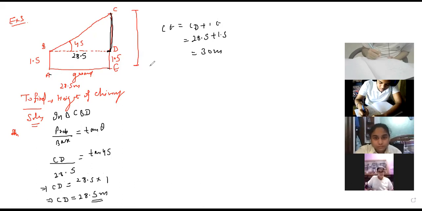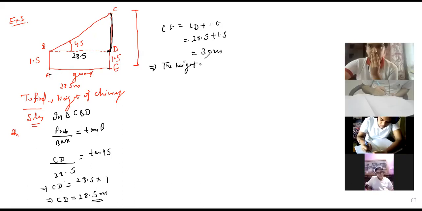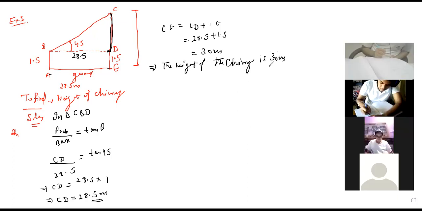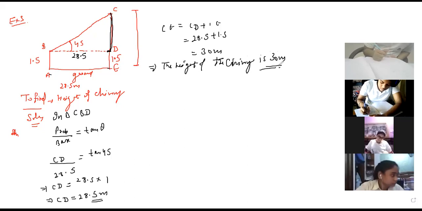So the height of the chimney is 30 meters.